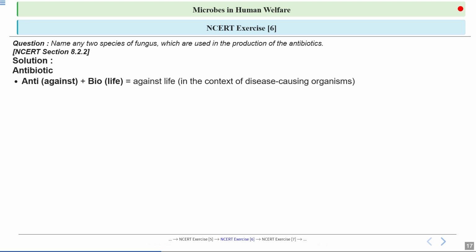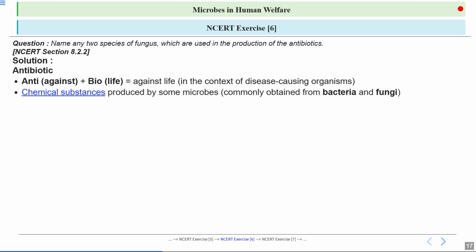We are talking about this in the context of disease-causing organisms. They are killing, or causing slow growth of the microorganisms. So they are against life, but in the context of disease-causing organisms.